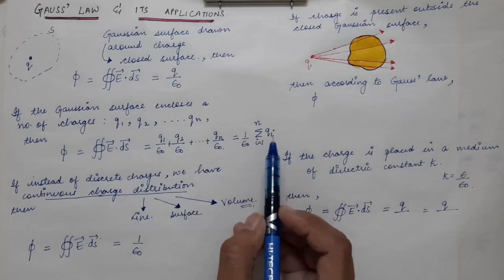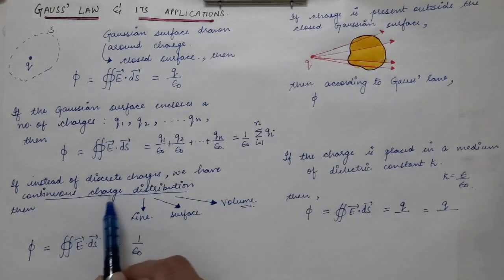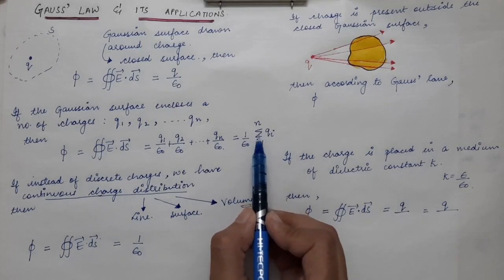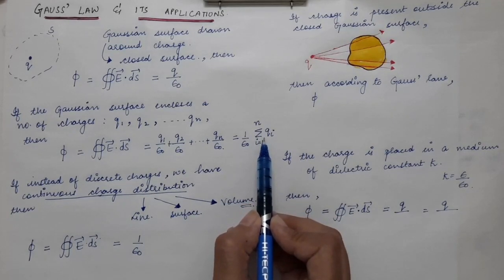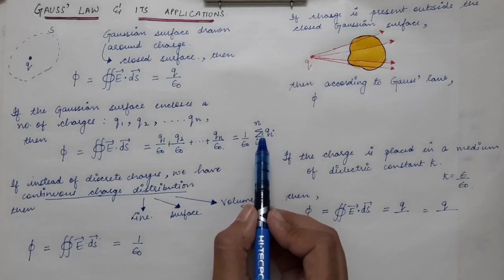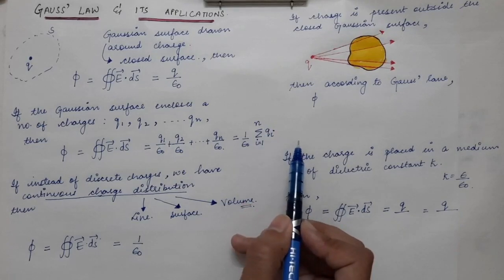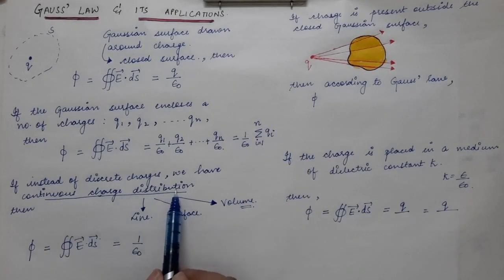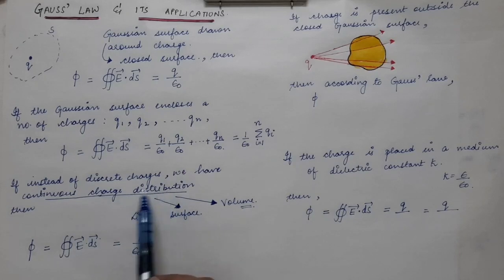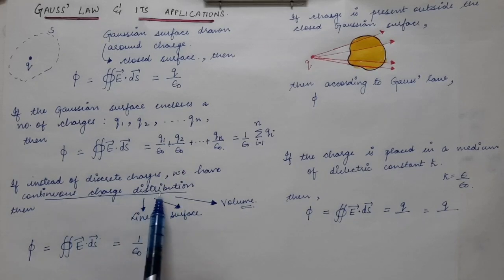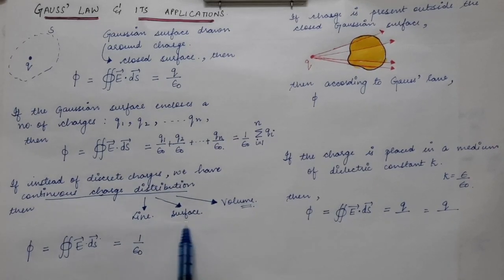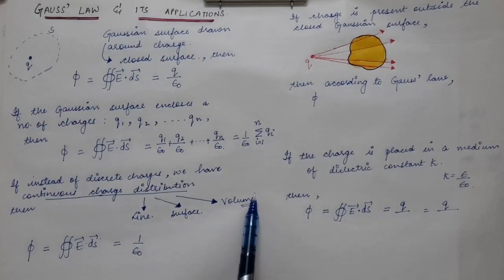We had already done this: if we have a continuous charge distribution instead of discrete charges, then this summation changes to an integral. When we have a continuous charge distribution, we have to do the summation over all the charges which are present, whether they are present on a line, on a surface, or in a volume.